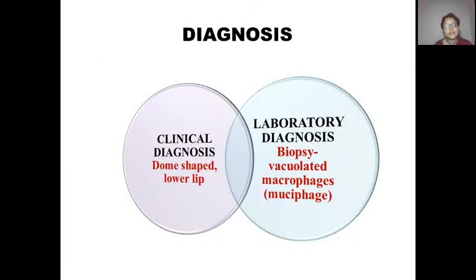Now we can diagnose this clinically and in the laboratory. Clinically, we see a dome-shaped swelling which is most commonly present in the lower lip, and in the laboratory diagnosis or in the biopsy we can see vacuolated macrophages, which are also known as muciphages.